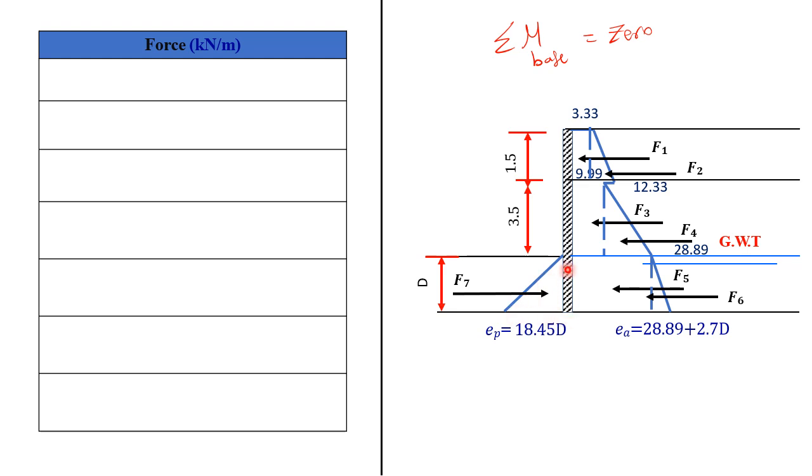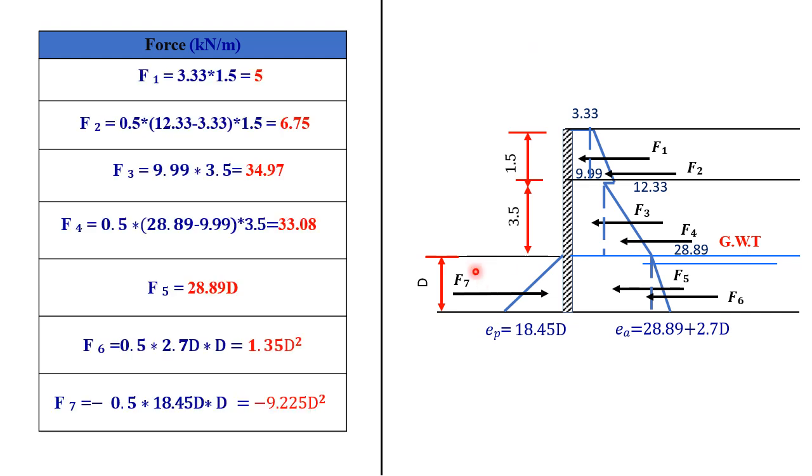This triangle will give you F7, which is for the passive resistance. You have 3 rectangles and 4 triangles here. Getting the area of each rectangle and each triangle will give you the force value for 1 unit length of your sheet pile, 1 meter length in the direction perpendicular to the screen.